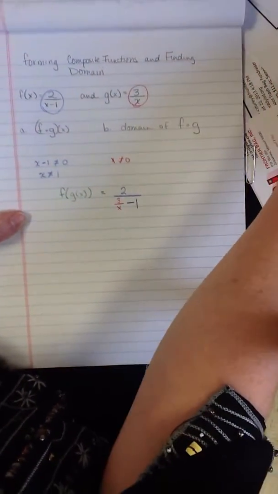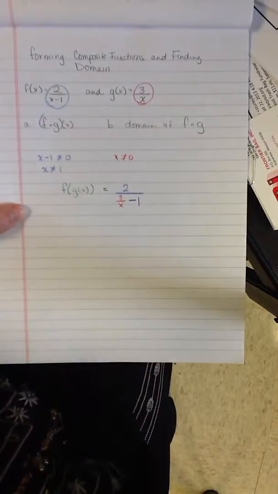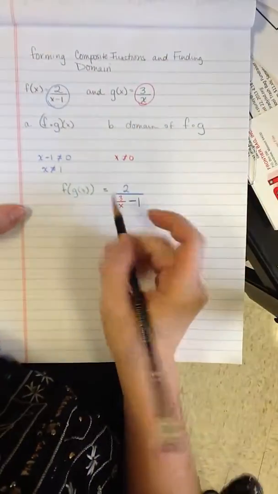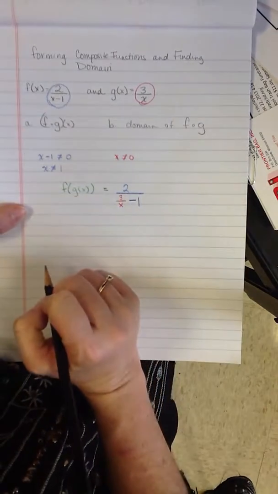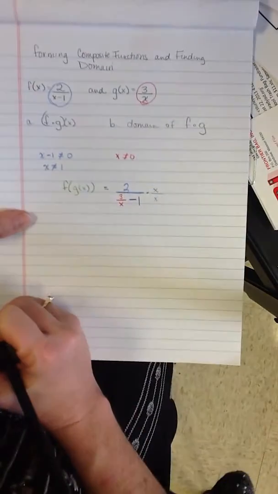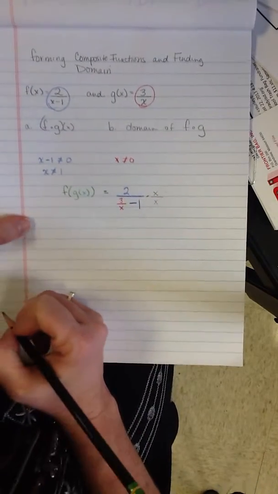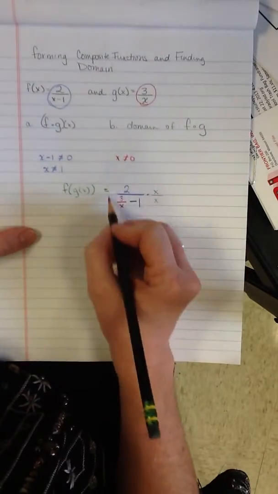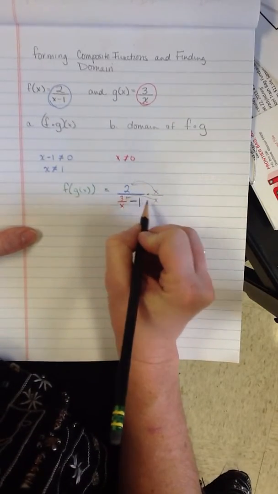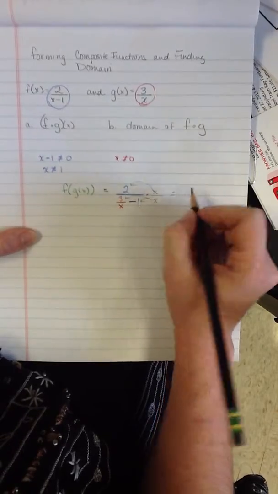However, it needs to be simplified because right now I have what's called a complex fraction. I have a fraction inside of a fraction, so I need to get rid of that. In order to do that, I'm going to multiply by x over x, which of course is just 1. Technically it doesn't change the fraction any, but it is going to simplify this for me. I end up having to distribute the x. Remember, on the bottom it'll be distributed to both pieces.